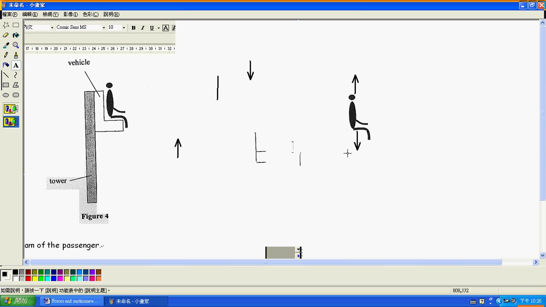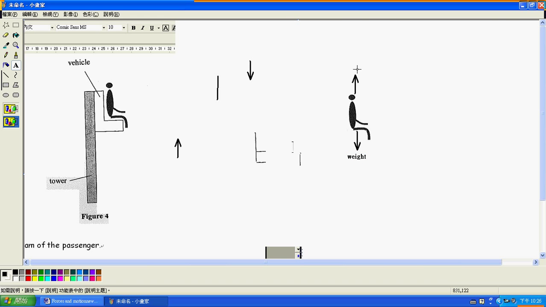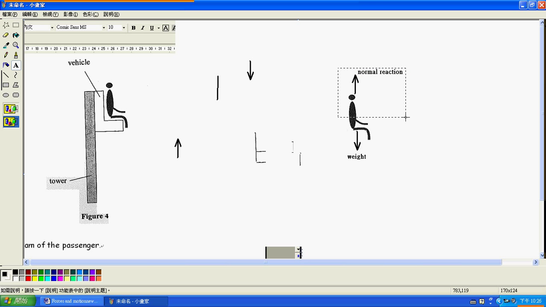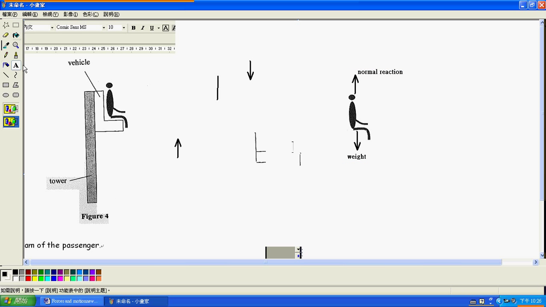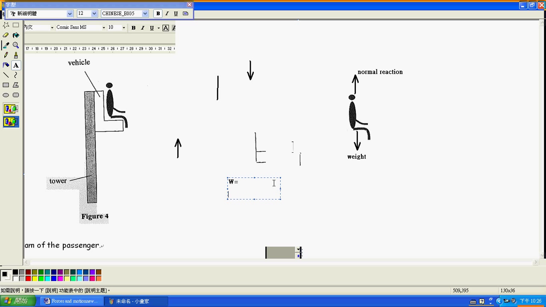So there are two forces acting on the passenger. One is its weight, and the other force is the normal reaction by the vehicle. There are only two forces. Maybe I can name them. Name one as W, the other as R, right?